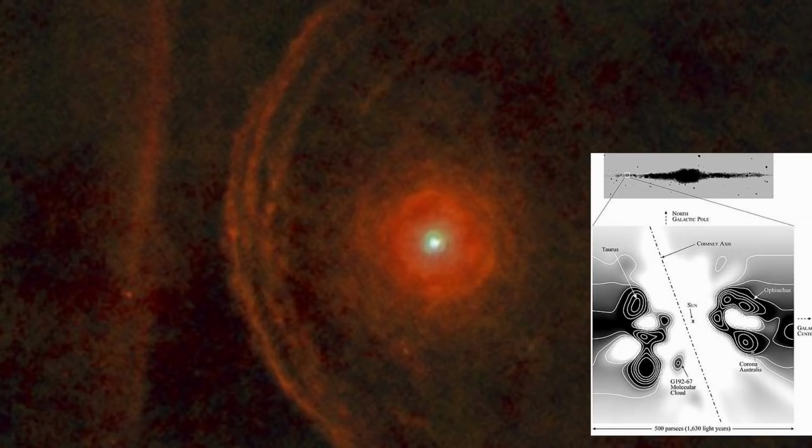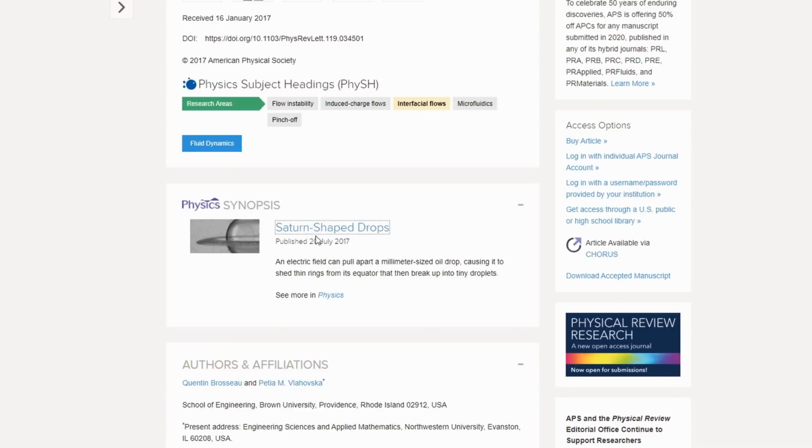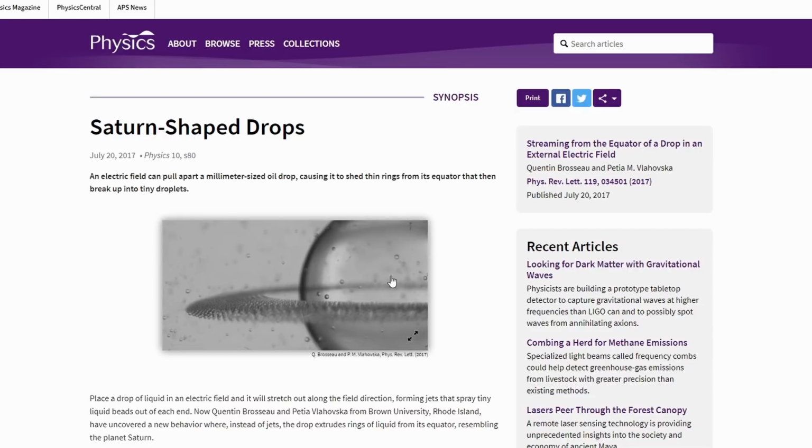That's because there's this as well. This also sort of fascinates me, this concept. So this is the paper, which we talked about before, because one of the things that I'm very interested in is ring formation. And this is the idea that they applied an electric field to a spherical oil drop. And what they then discovered is it formed these bubbles that formed a ring around it.